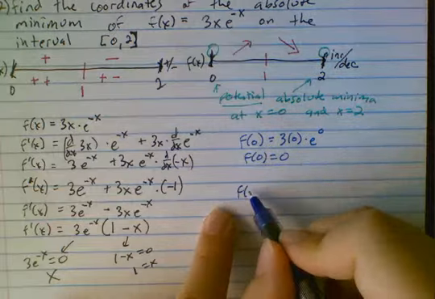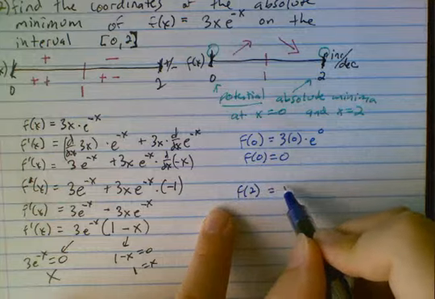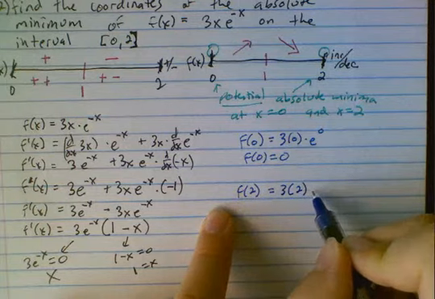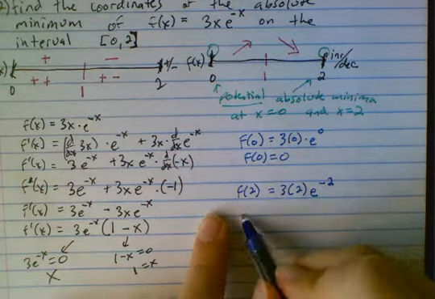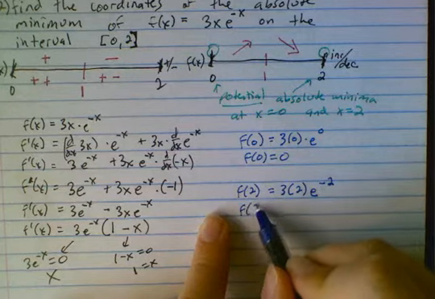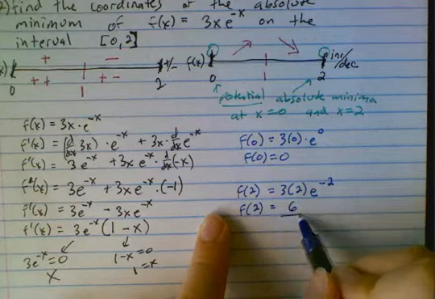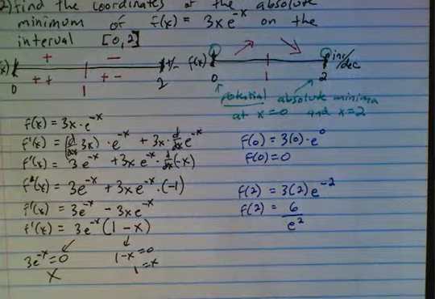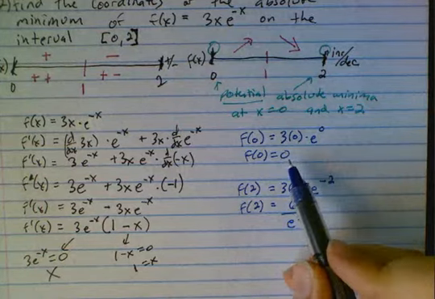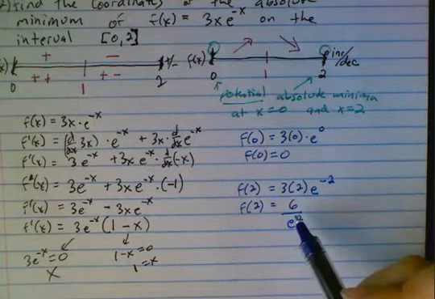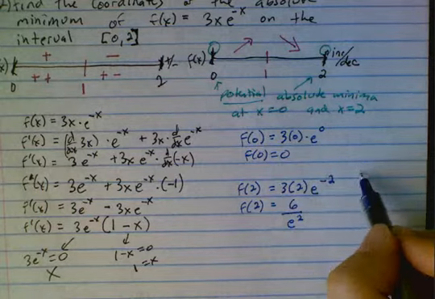And then for f of 2, that's 3 times 2 times e to the negative second power. So if we work with that negative exponent, 3 times 2 is 6. We don't know exactly what this value is without a calculator, but we do know that this is definitely positive. That is definitely 0. 0 is less than all positive numbers, so this is smaller.